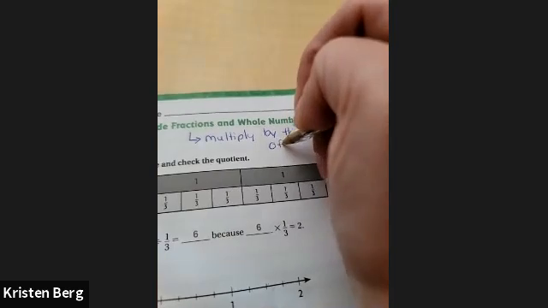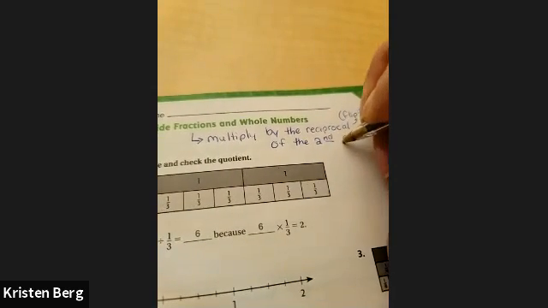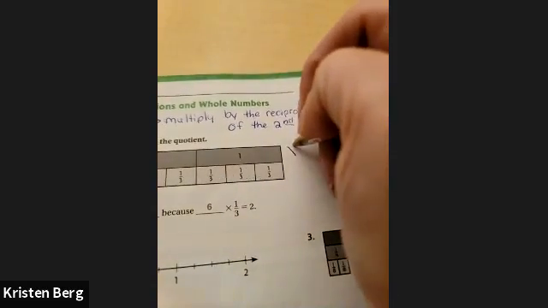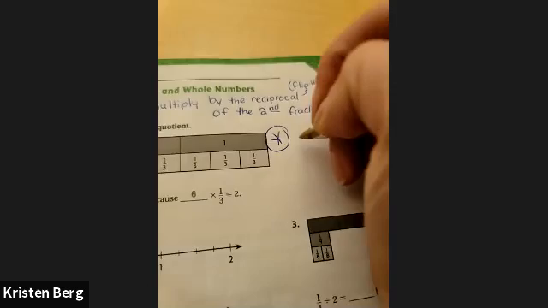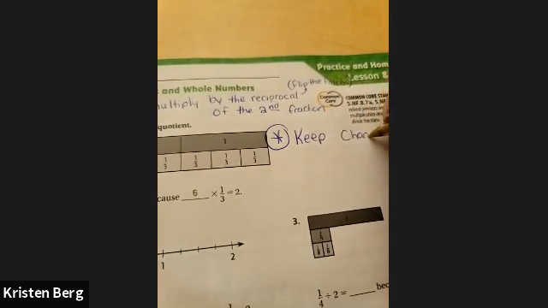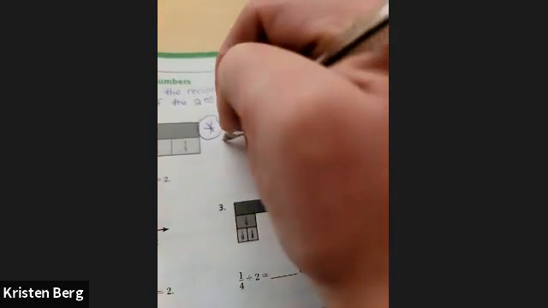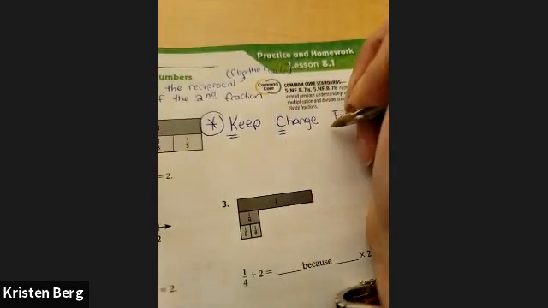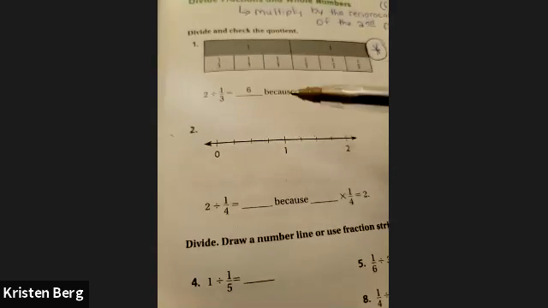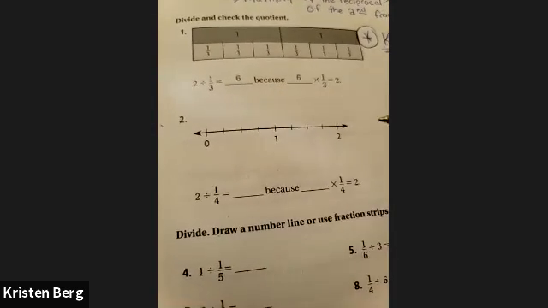So multiply by the reciprocal of the second fraction. So, in other words, use the following method: keep, change, flip. So keep, change, flip. All right, so we are going to do number 2 together.